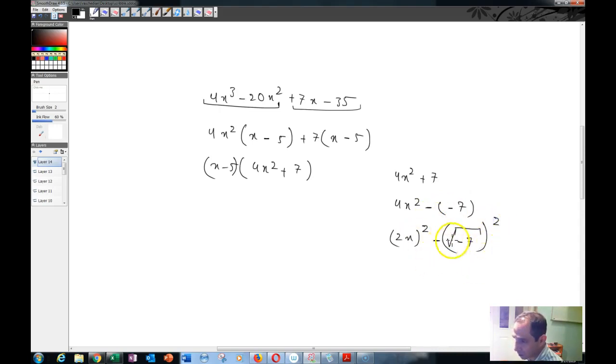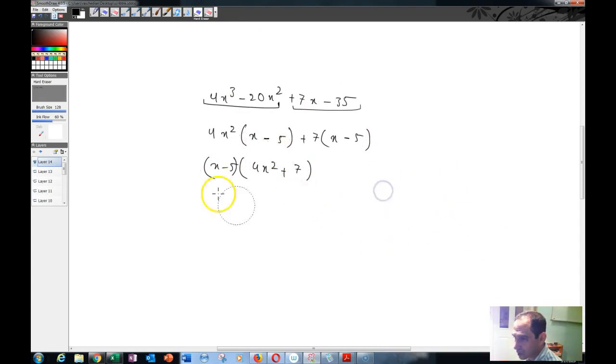That's basically not possible, because I cannot take the square root of a negative number. But basically you could do something like this over here and somehow get a first degree polynomial and a second degree polynomial and solve the problem that way.